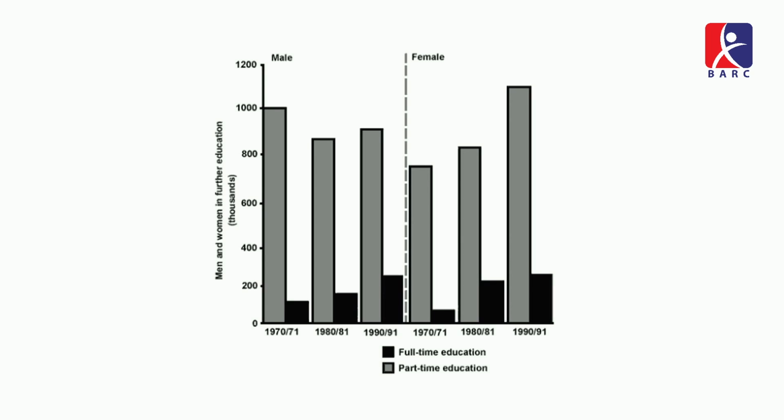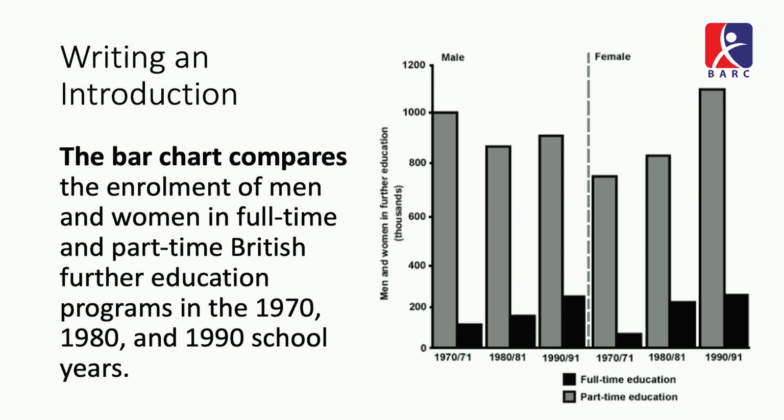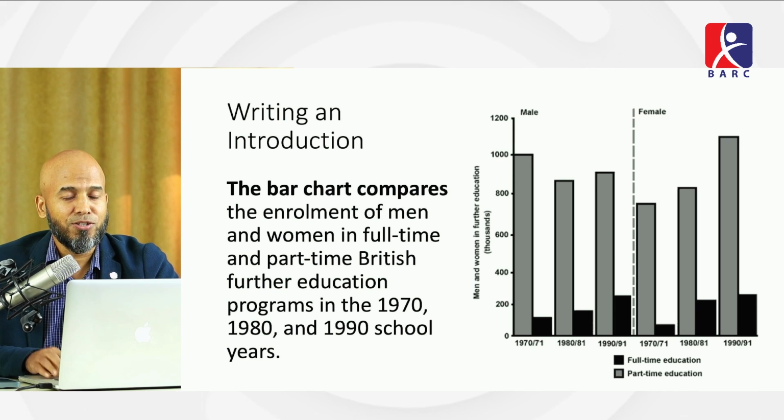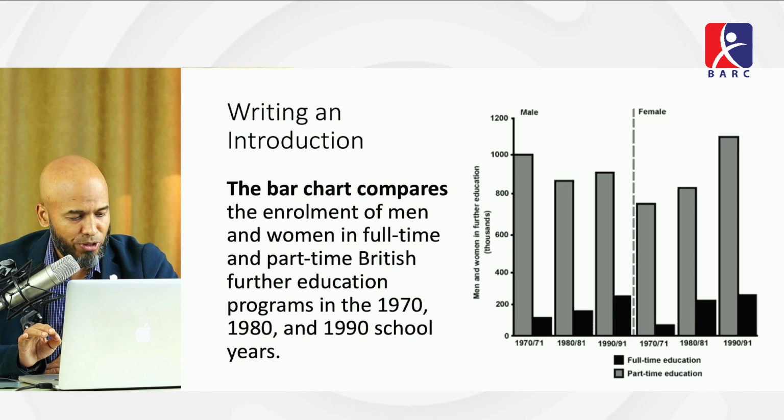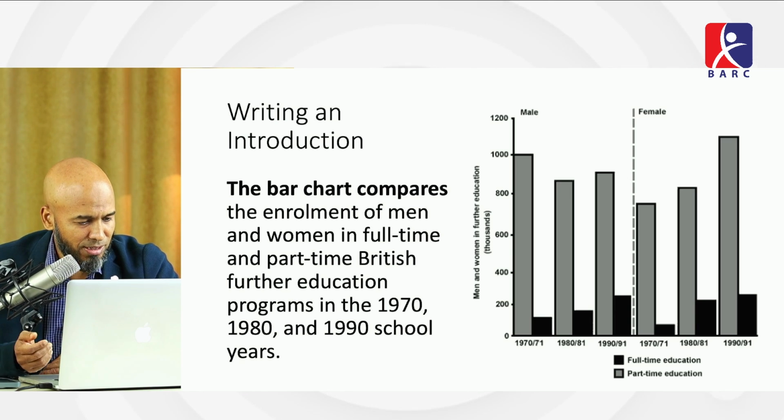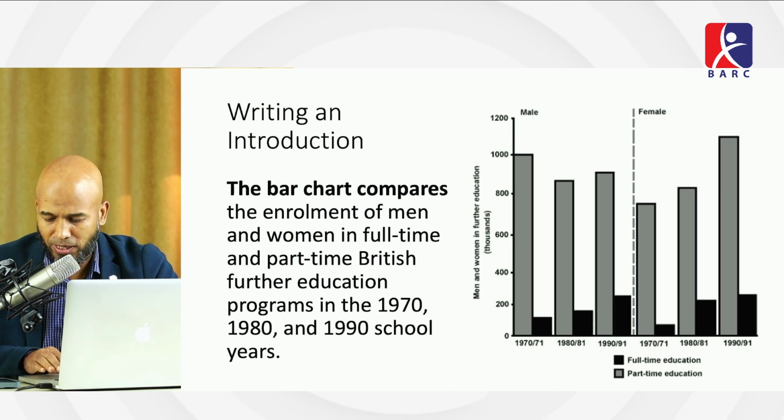If this is your bar chart, let me show you the introduction. The bar chart compares the enrollment of men and women in full-time and part-time British further education programs in the 1970, 80, and 90 school years. This is how you write the introduction.